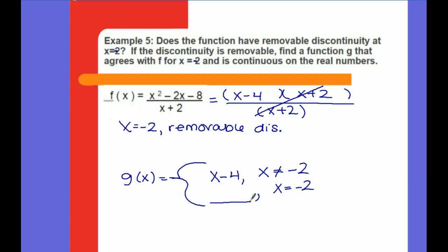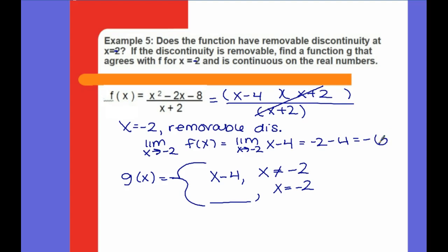So how can I find this value? I find the limit as x approaches -2 of f of x, which in this case is like finding the limit as x approaches -2 of x minus 4. So I get -2 minus 4, or -6.